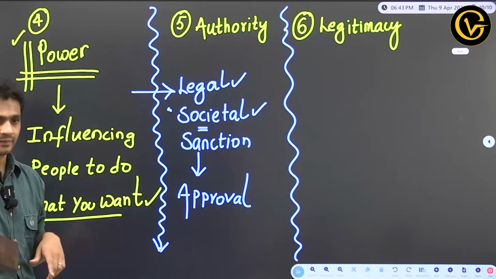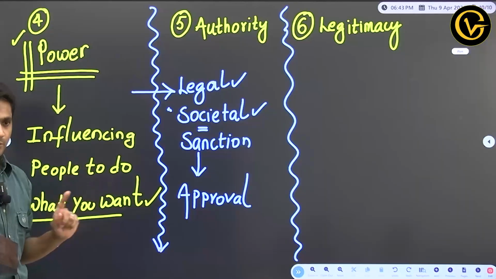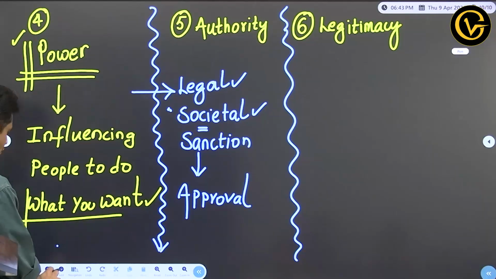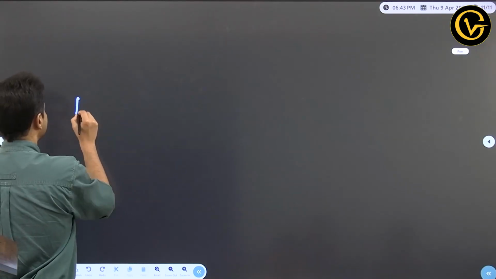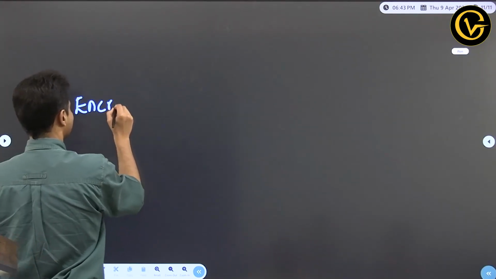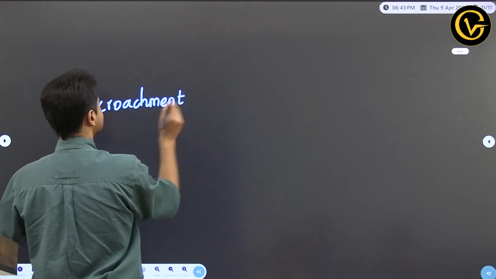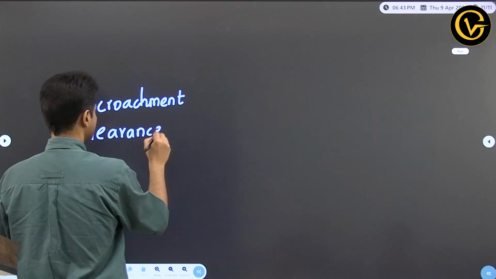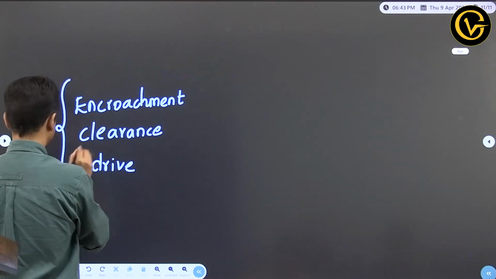Now, two possibilities are there. What GHMC does, let's say, an encroachment clearance drive.